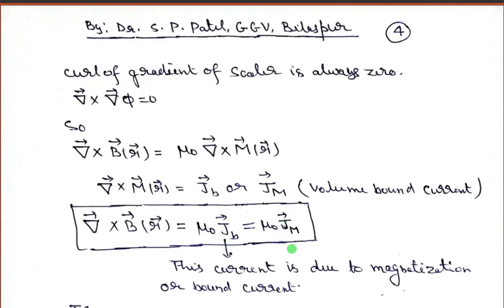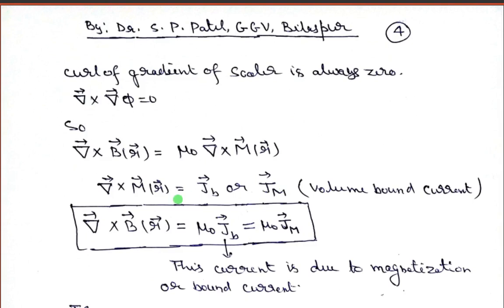Whether you write the notation JB, the bound current density, or JM, the current is the same in both cases. But because this volume bound current density is coming due to the magnetization, that is why I have written JM. It is more clearly visible that it is because of the magnetization of the material.